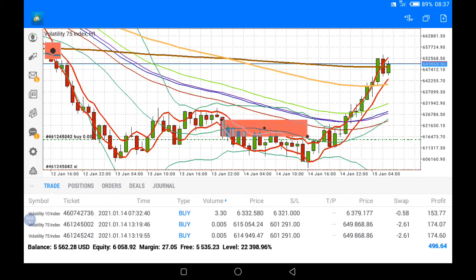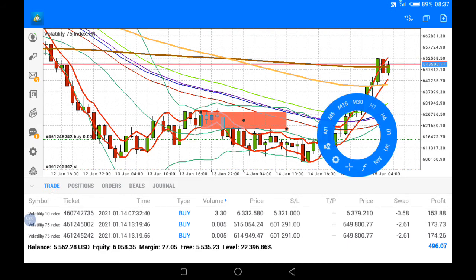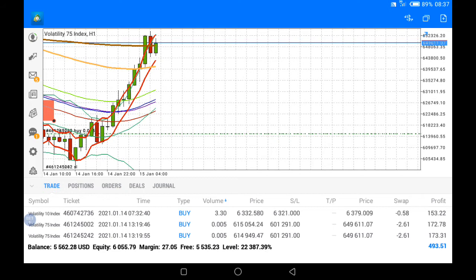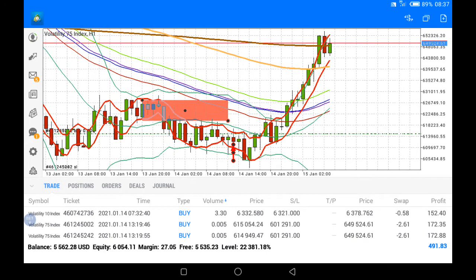Looking through, I noticed that the market gave several hammer rejection candlesticks. You can see these hammer candlesticks. Each of them represented rejection by the buyers of the price falling lower.